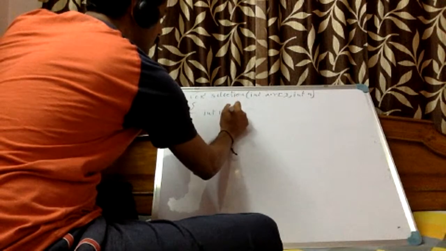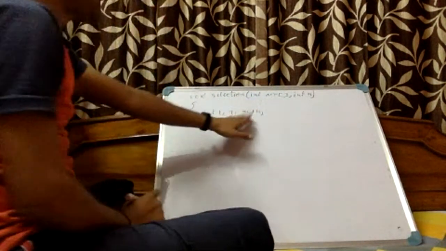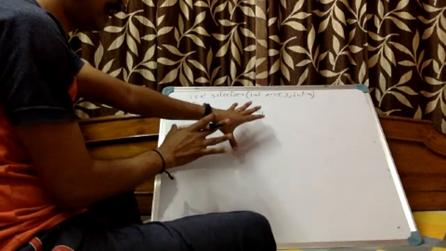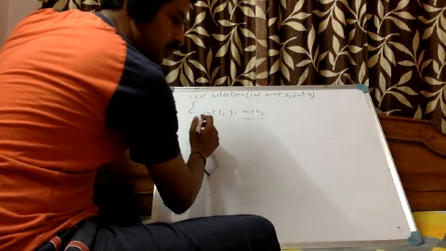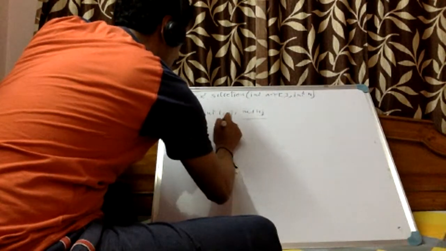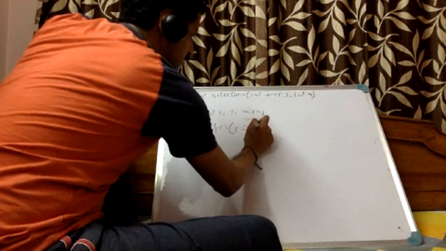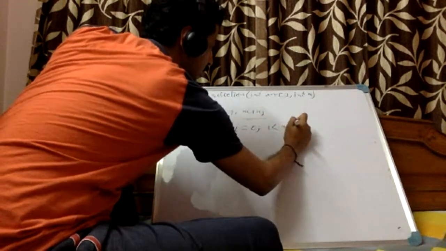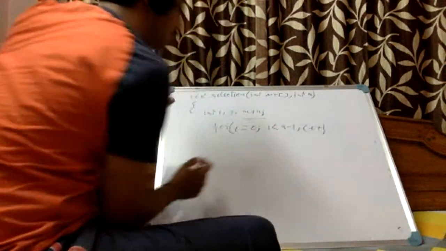Integer i, j, min. As I told you, here I am taking a new variable called min, where I have to keep the minimum value. Okay. So for i equals 0, we start from the beginning, i less than n minus 1, i plus plus, the increment.